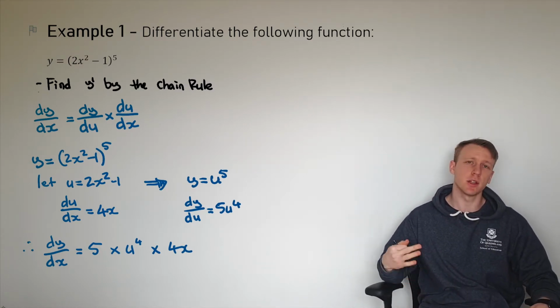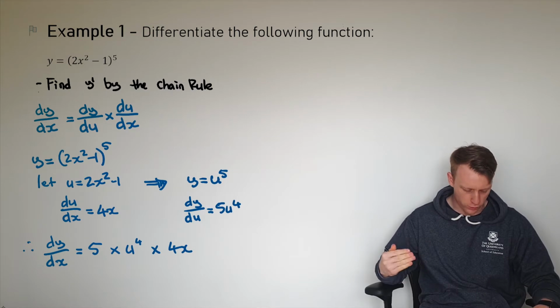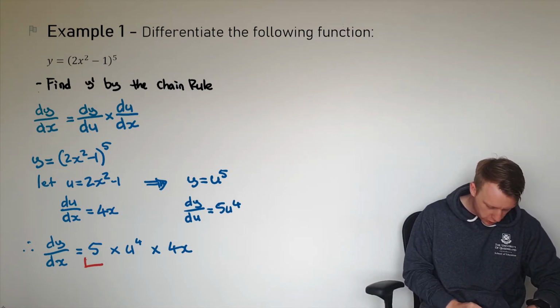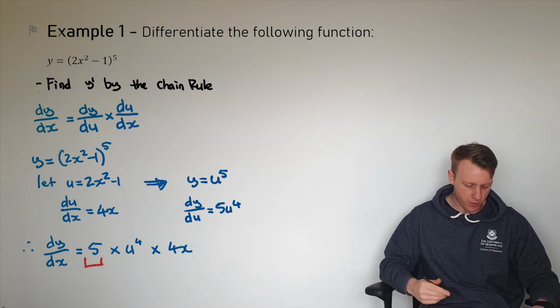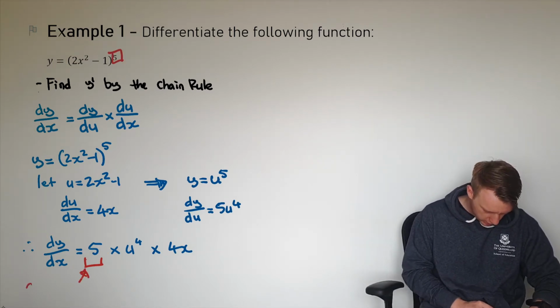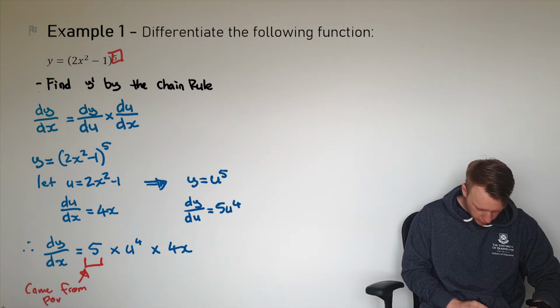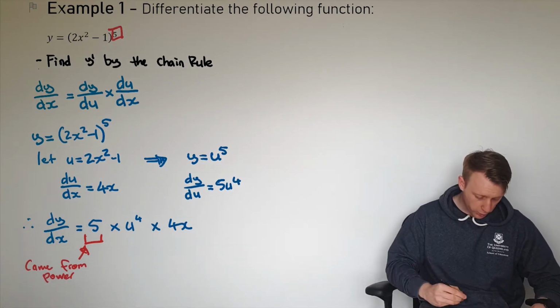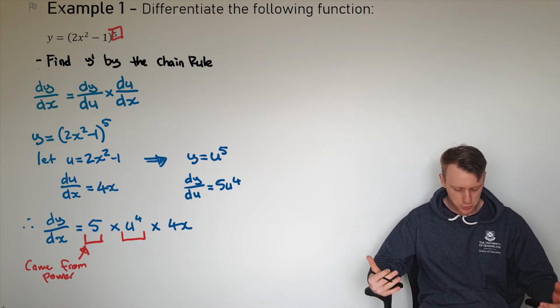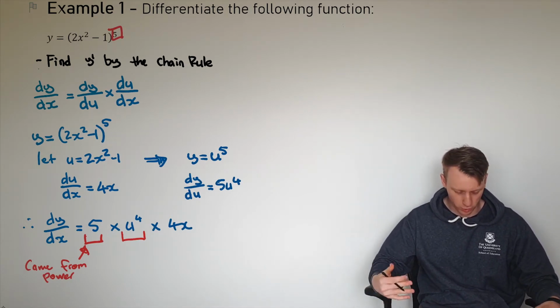Firstly, it's broken up into three parts, finding the derivative of y with respect to x by using this u substitution. Our first part here came from the power, right up here. Part two is our inside function to the power minus 1 of what it was.